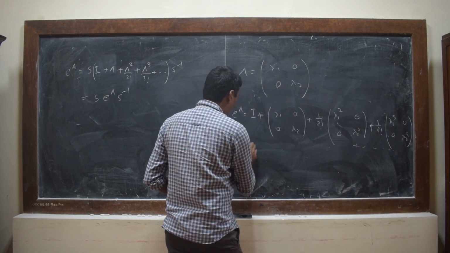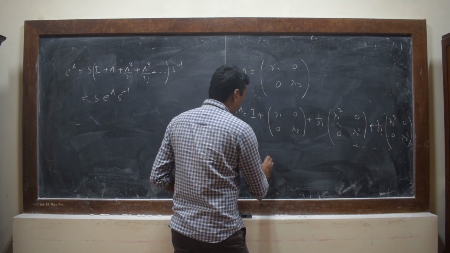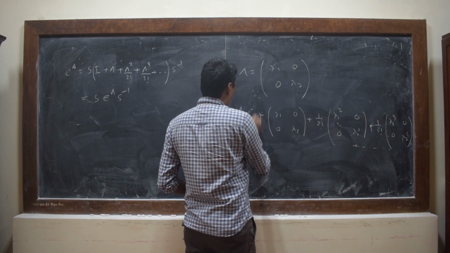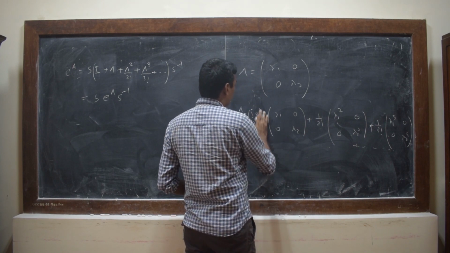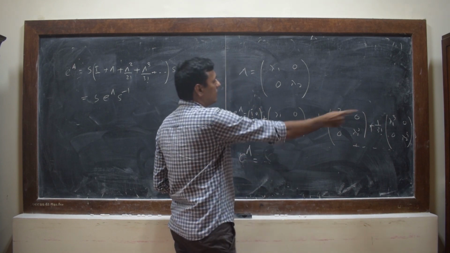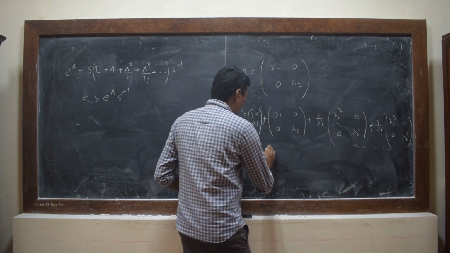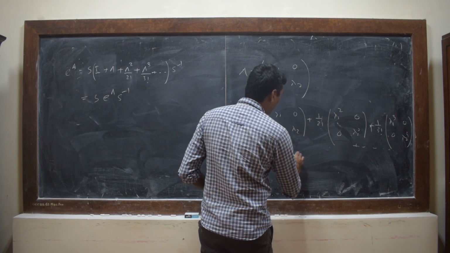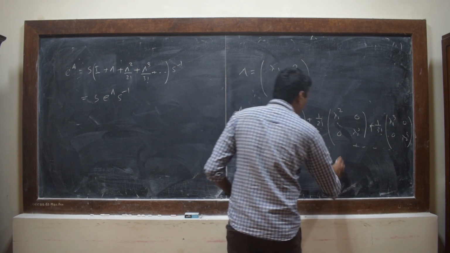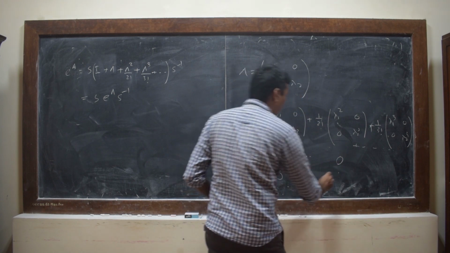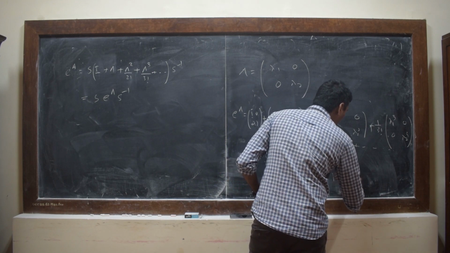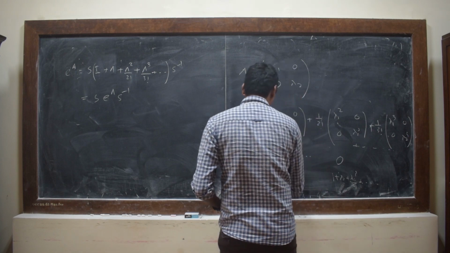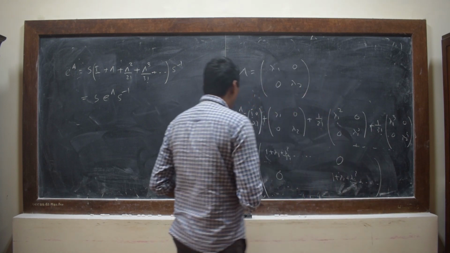So e raised to lambda, you get as identity, which is 1 0 0 1, plus this quantity. You will get 1 plus lambda 1 plus lambda 1 square divided by 2 factorial plus etc., 0 0, 1 plus lambda 2 plus lambda 2 square by 2 factorial plus etc. And what do you get from here?